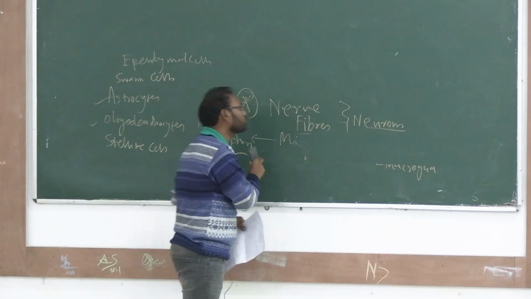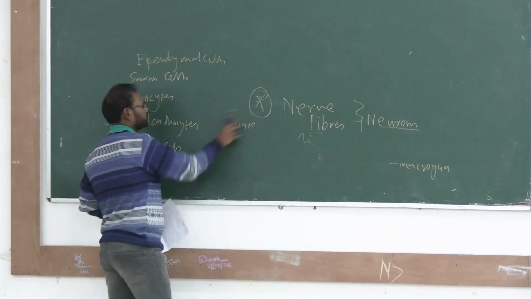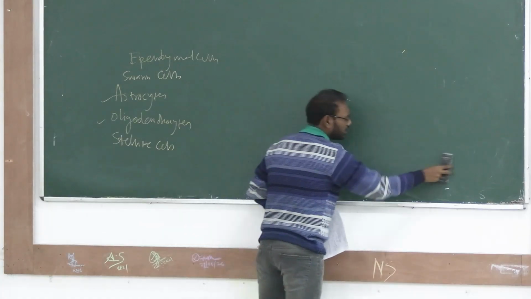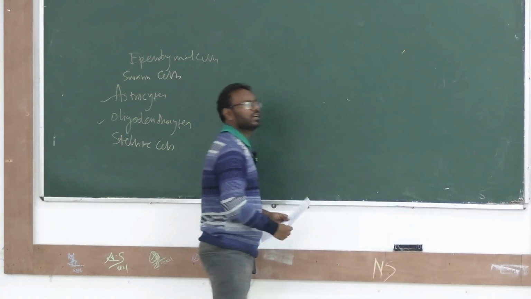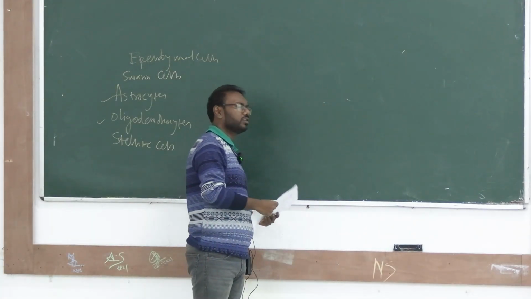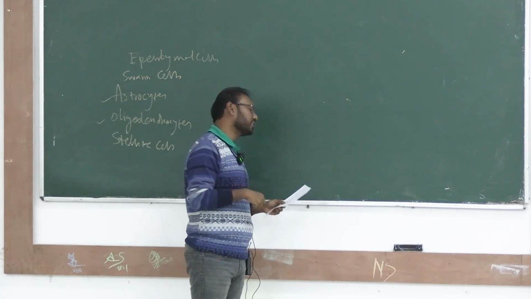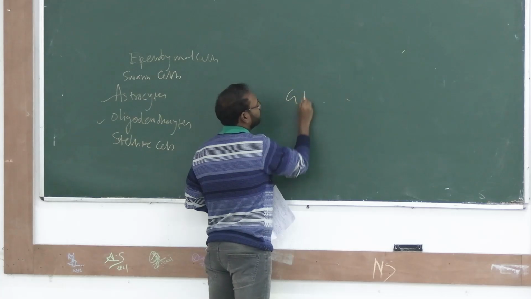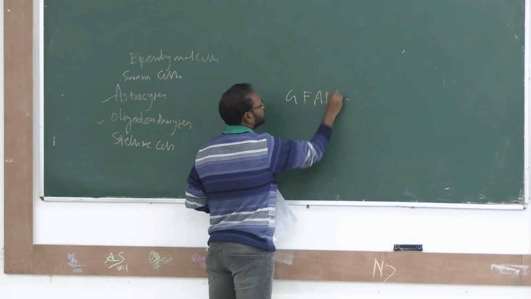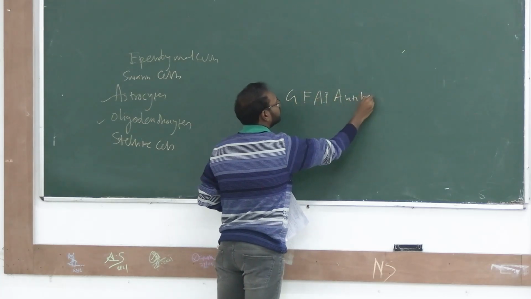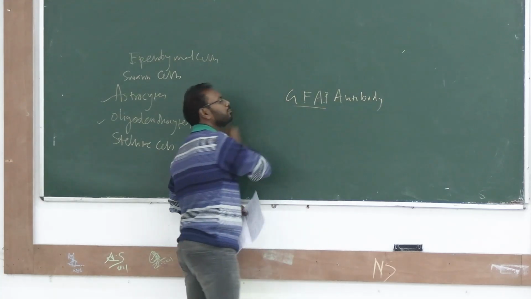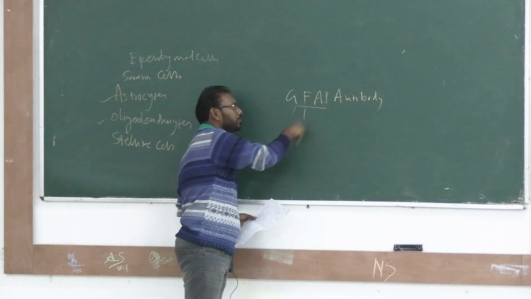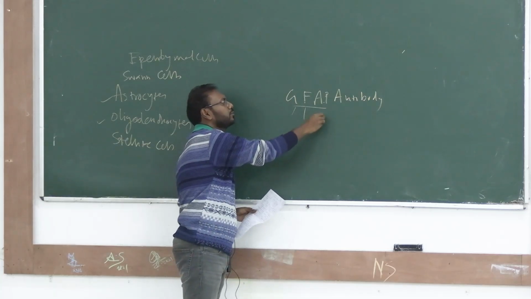So these astrocytes have a star-like structure and they have some illuminance or color which comes from something called GFAP antibody. GFAP, its full form is Glial fibrillary acidic protein.